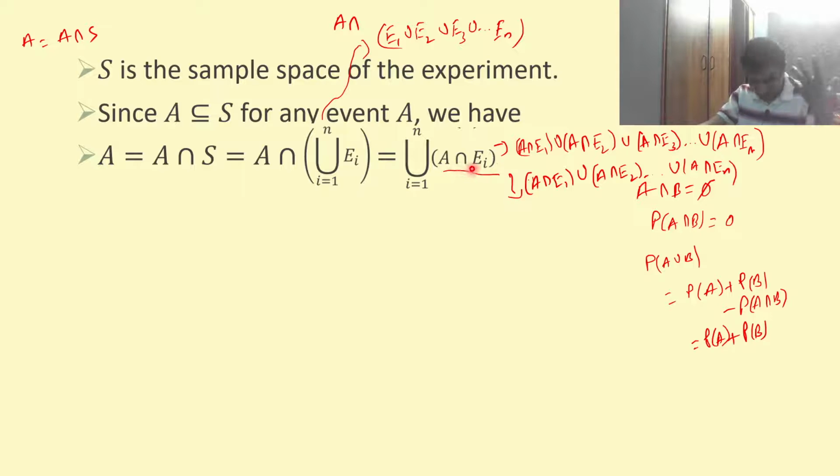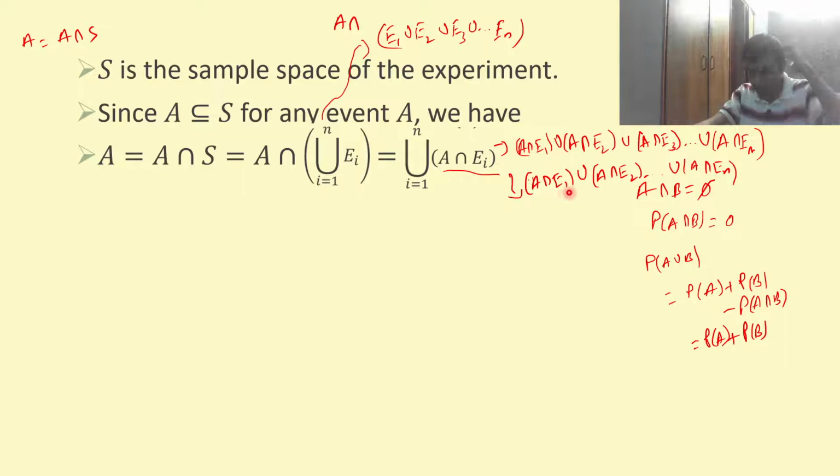Now see, A intersection Ei means the union of i runs from 1 to n, that expansion I just wrote. So this is A intersection E1 union A intersection E2, and so on till A intersection En. That means if I take any two, I basically have intersections and their union.